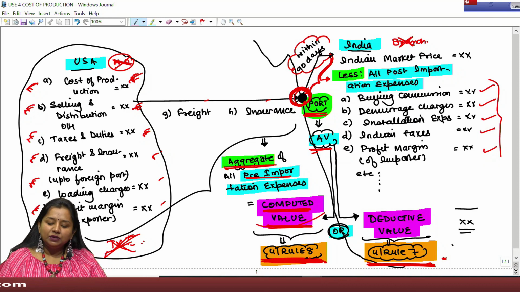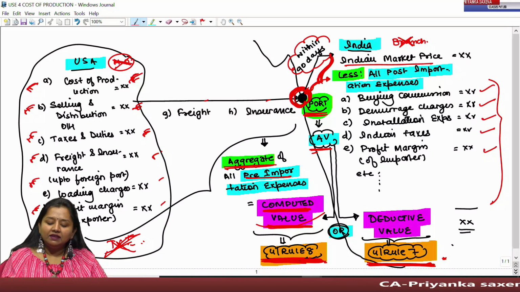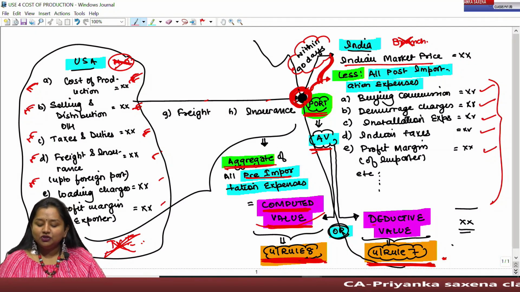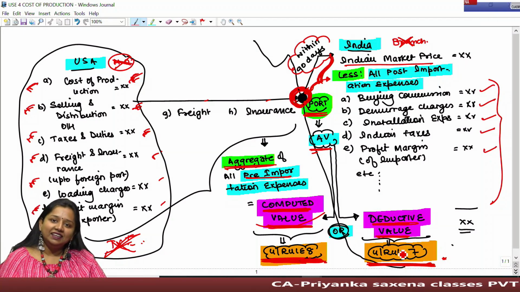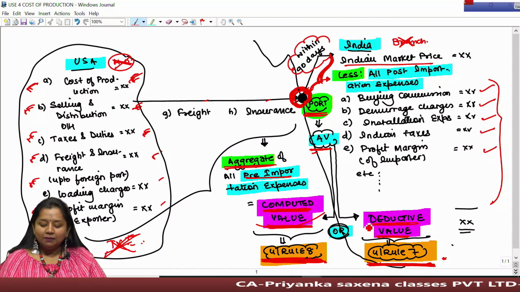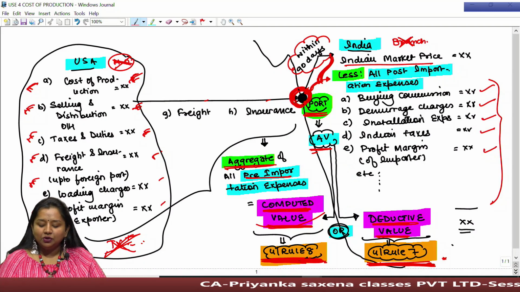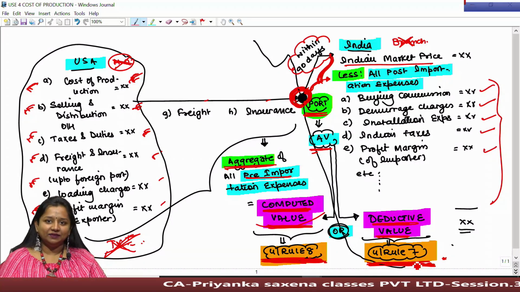So, all the post-importation expenses incurred after the Indian port of importation to the market shall get deducted from the Indian market price for determining the value at the Indian port, and the value so determined after deducting such expenses will be known as deductive value, which shall be taken as your assessable value given under Rule 7.